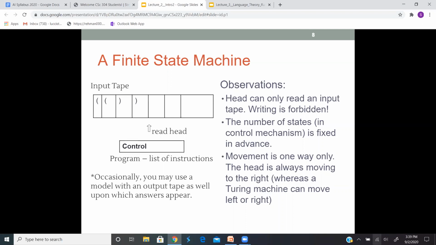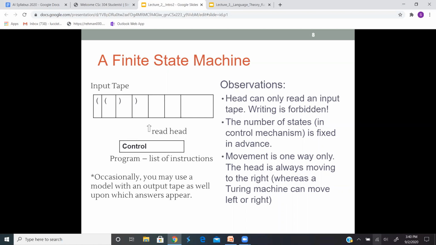It's used to write whatever you're writing. So there's the read head down there at the bottom. And you've got a control. The control is like the brains of the system. It's the algorithm on how to run this thing. And your program, a list of instructions.